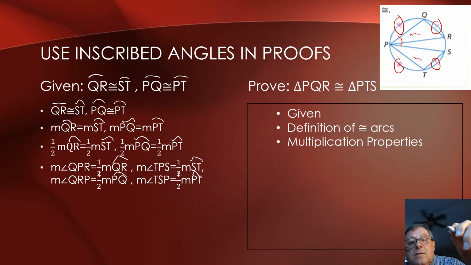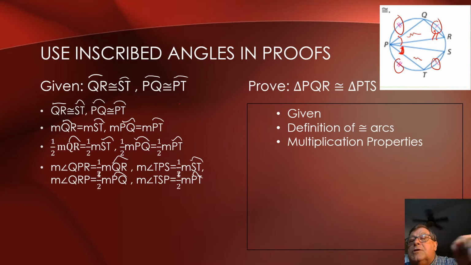And then 1/2 of the measure of TPS, yep, TPS, that angle right there, is going to be equal to 1/2 of the measure of arc ST. And then we say that the measure of angle QRP, that's this angle right here, is equal to 1/2 of the arc PQ.